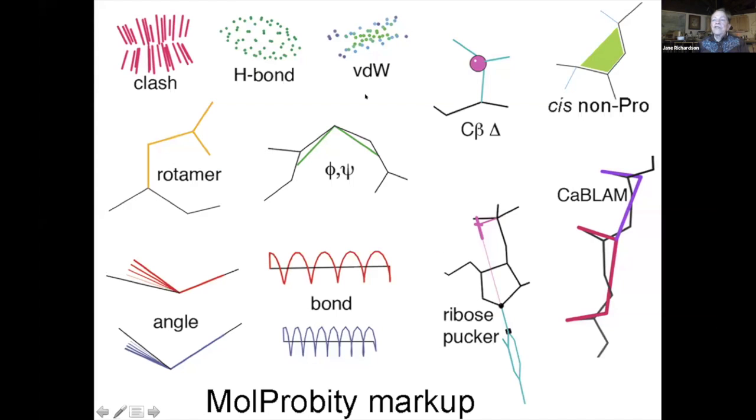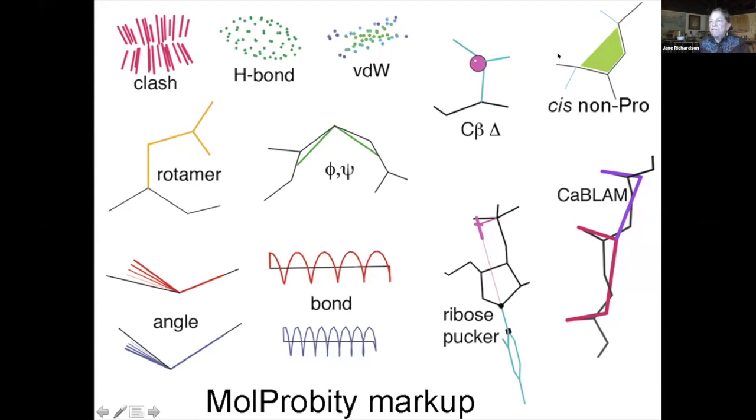So just a quick run through. I was talking about clashes, H bonds, and van der Waals, all atom contacts. And we also have bond length and angle markup, and C beta deviations are a more complicated kind of multiple angle single parameter. And cis non-prolines.